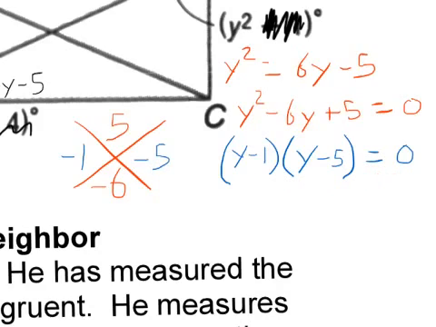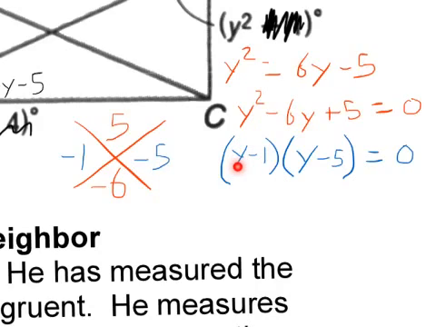Well, here's the idea: cover up one of these two things, because isn't anything times 0 equal to 0? So, for example, if this y minus 5 equaled 0, it wouldn't matter what y minus 1 was. The whole thing would be 0. Or if y minus 1 equaled 0, it wouldn't matter what y minus 5 was. The whole thing would be 0. So let's think, well, what would make this 0? Well, +1 would, right?